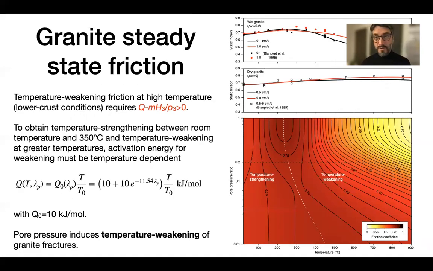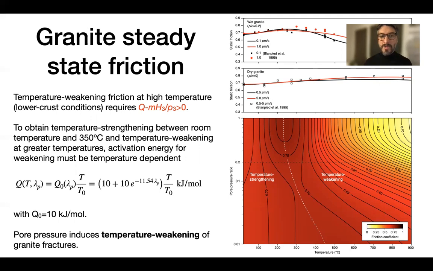The frictional response is very sensitive to the water content and is generally described by the difference between the activation energy for healing and weakening, in particular Q minus MH over P. When this parameter is positive, it induces temperature weakening.